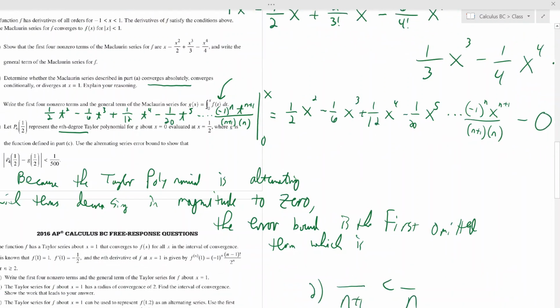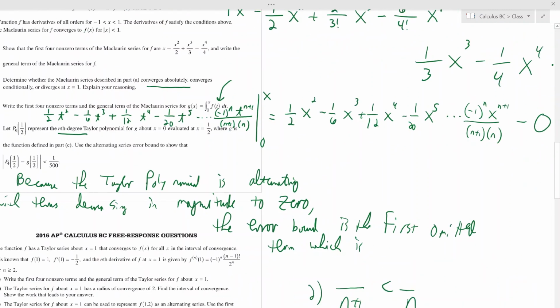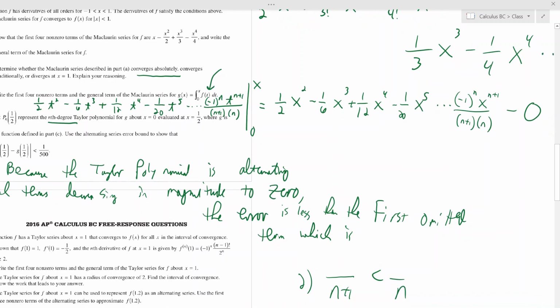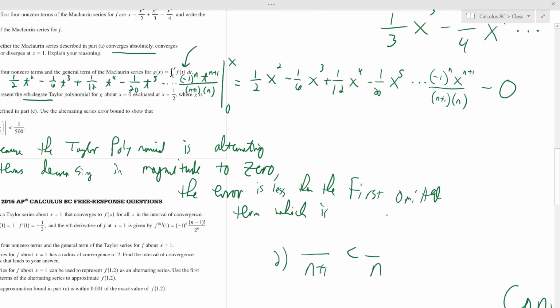We'll say the error is less than the first omitted term, which happens to be, if you plug a half in, 1/20, the absolute value of it really, times x to the 5th, plugging in a half, which is what they wanted us to do for that question.